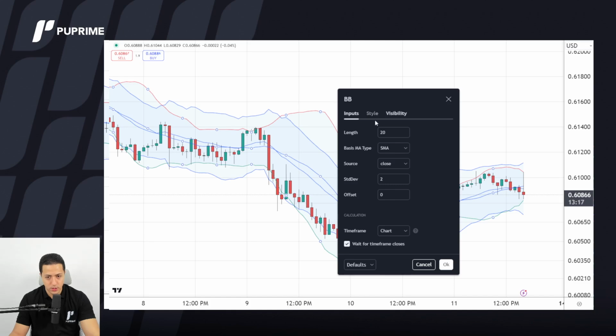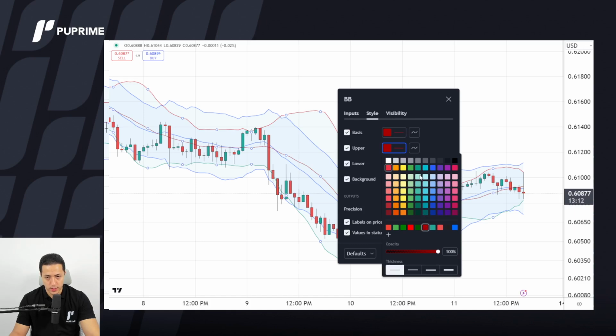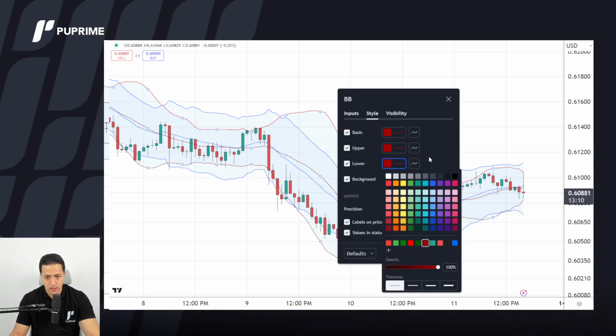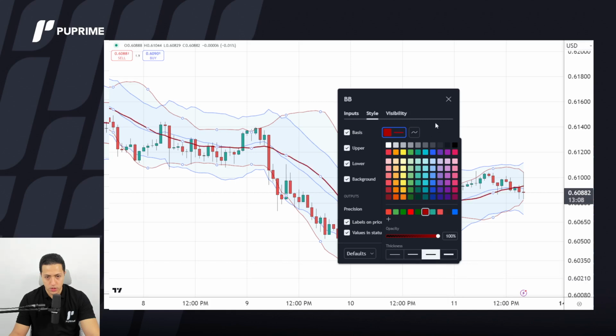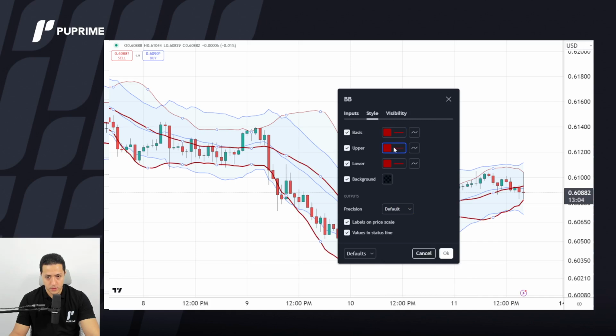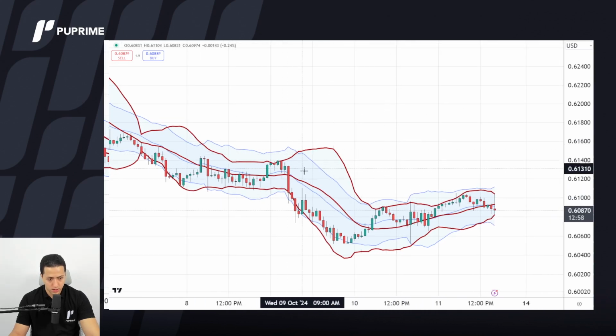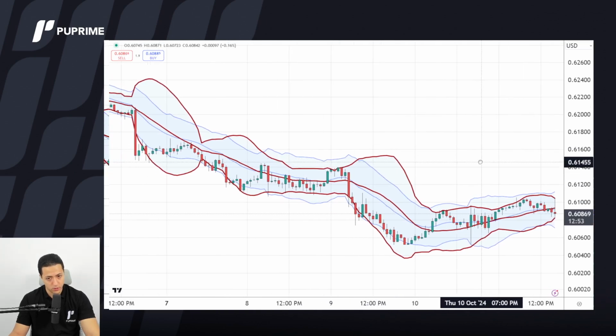Let me do the Bollinger Bands all in red and all in thick colors. Okay, so the blue lines are the Keltner channels and the red lines are the Bollinger Bands.